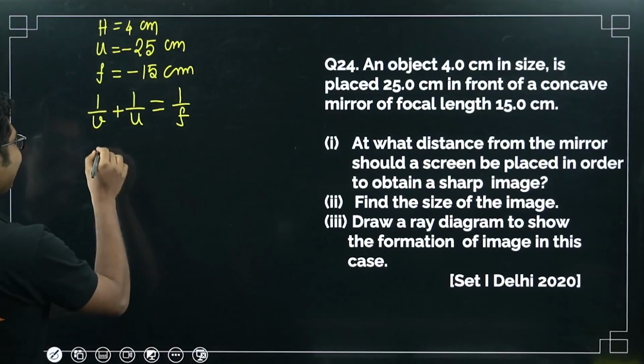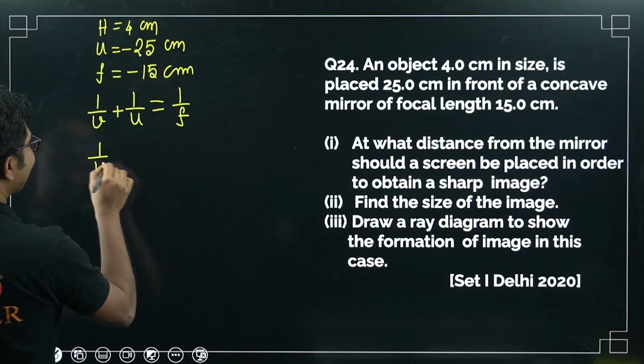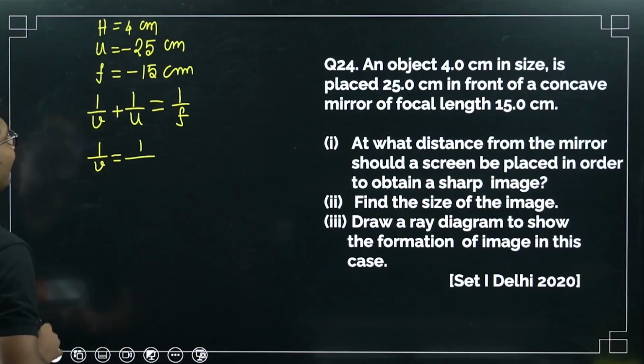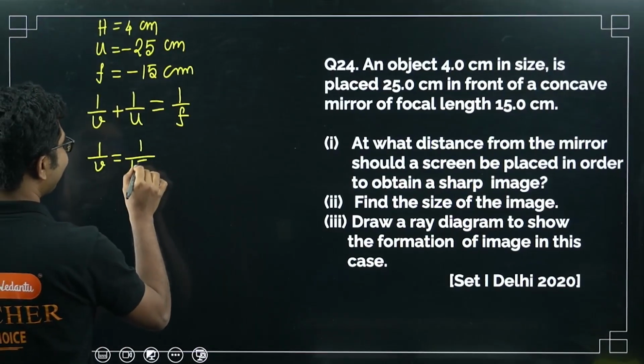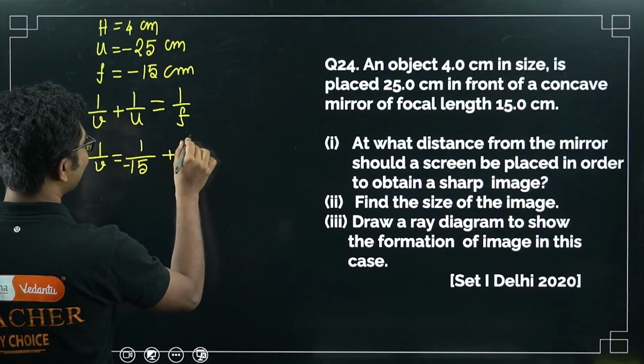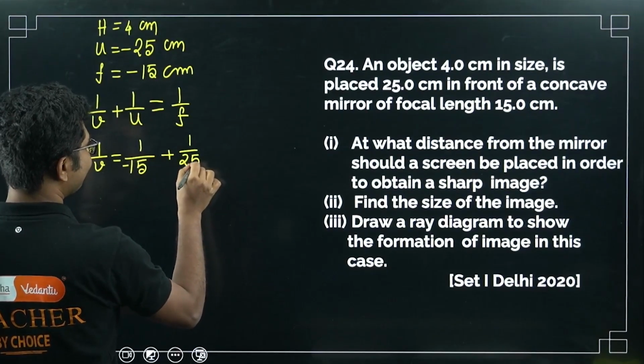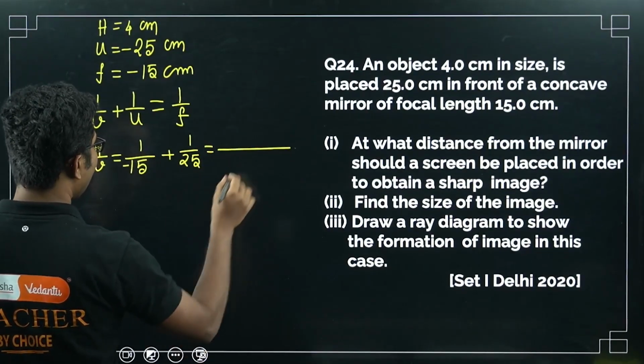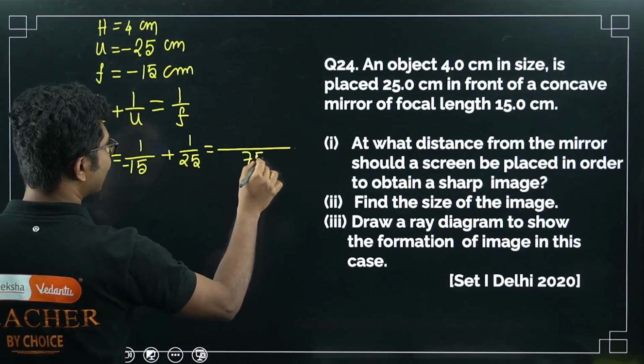So basically they have told you how to calculate it, right? So 1 by 15, it will be minus plus 1 by 25. LCM is 75 as usual.